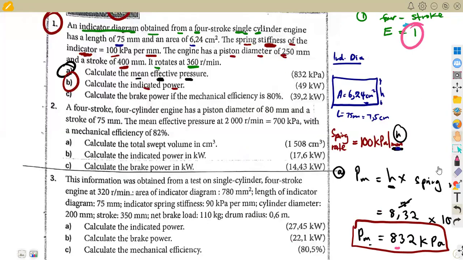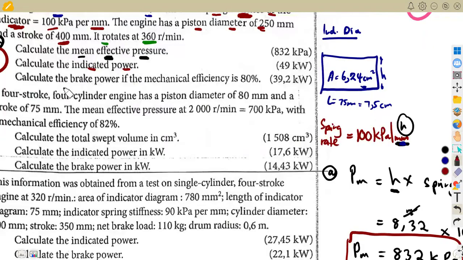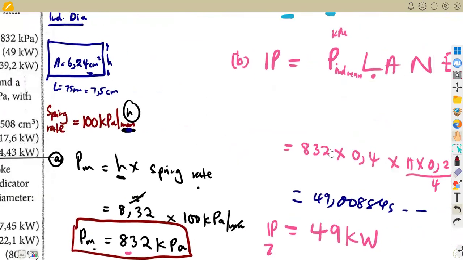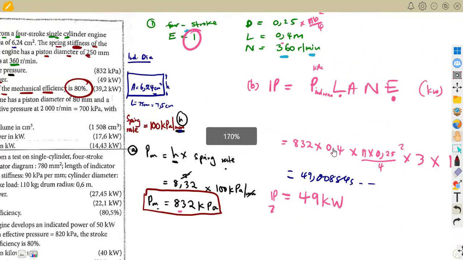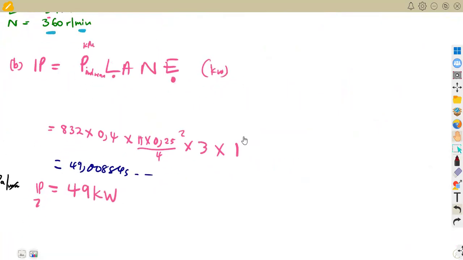They want us to calculate the brake power. Take note: calculate the brake power if the mechanical efficiency is 80%. Remember the idea of mechanical efficiency. We need the indicated power only.